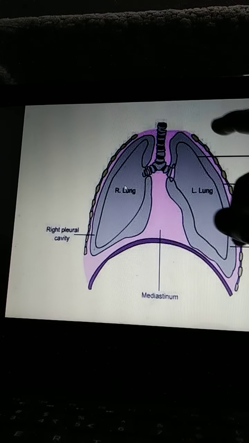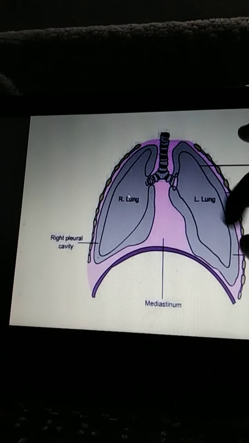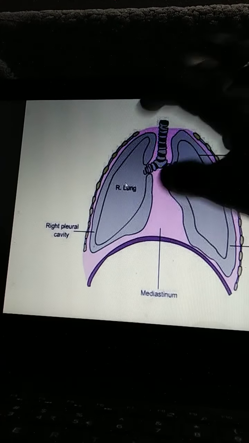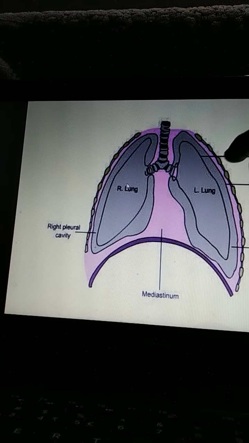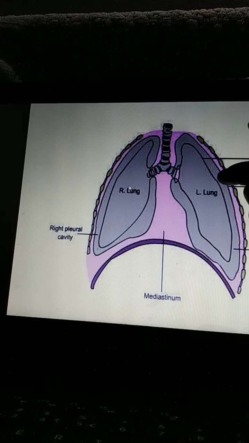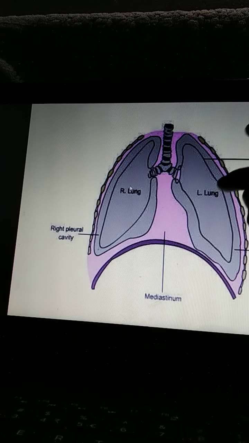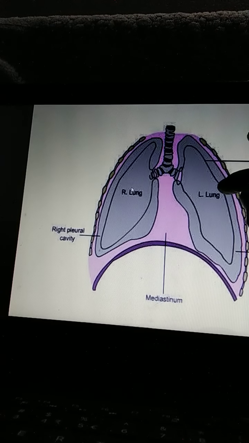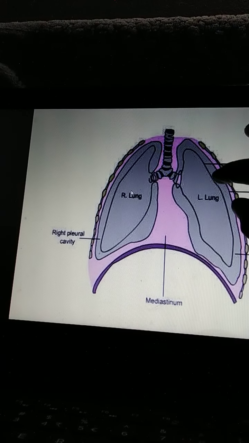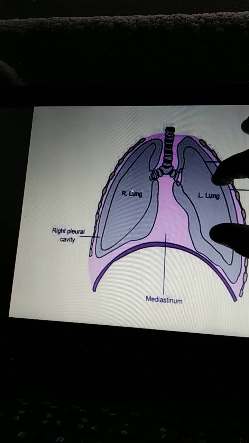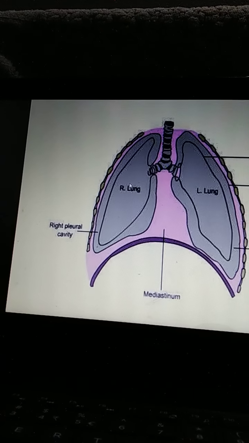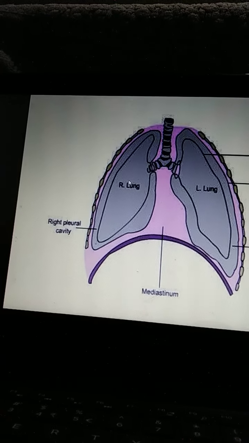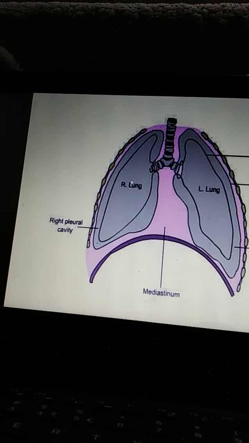See here, this is your left lung, this is your right lung. If you consider this one layer and this another layer, the outer layer is the parietal pleura and the inner layer is the visceral pleura. The visceral pleura is attached to the lung, so your lungs are embedded in the sac-like pleural structure.